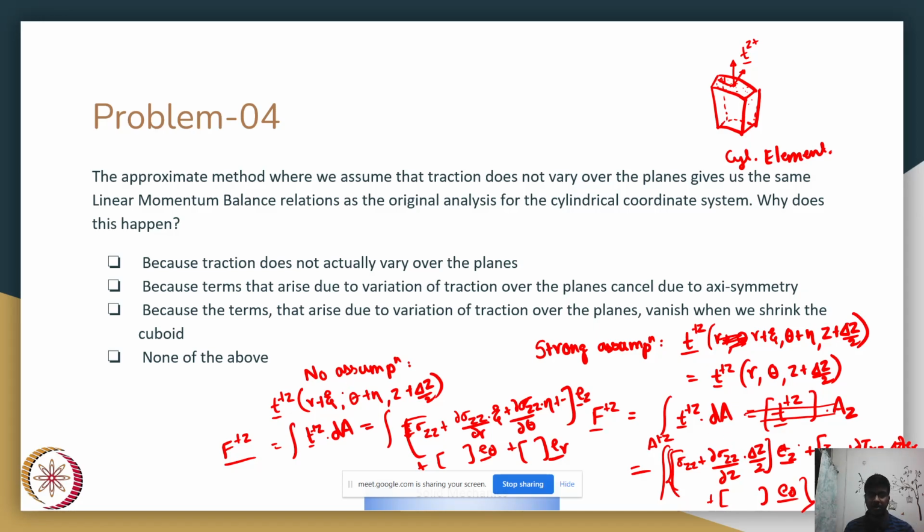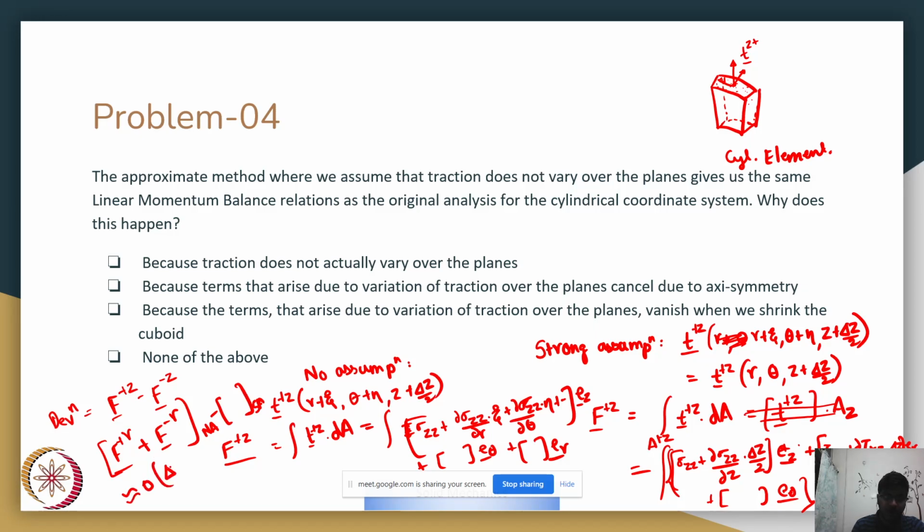When we compare the integration that we get through no assumption versus strong assumption, for the z component they come out to be the same, but for the forces in r and theta, the no assumption result minus the same bracket for the strong assumption is of small o of delta v.